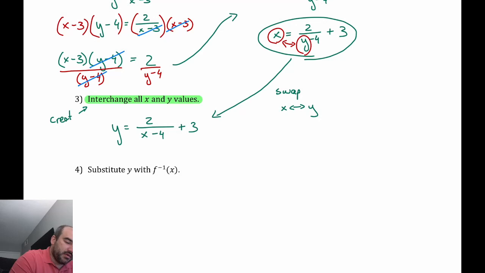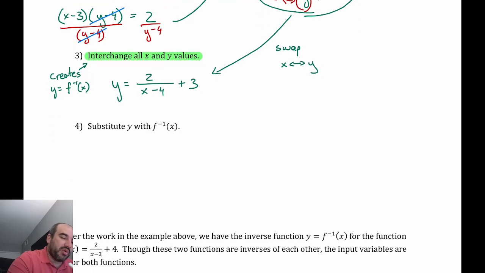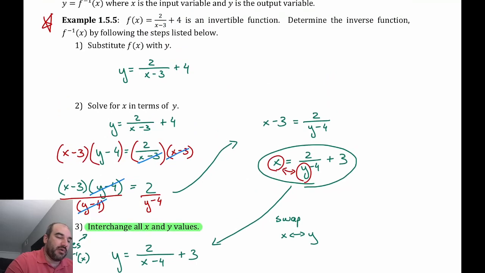creates y equals f inverse of x. So this y here is now represented by f inverse, right? That physical action of swapping them means that this y is actually f inverse. So now we're going to replace this y with f inverse, just undoing what we did on the first step.